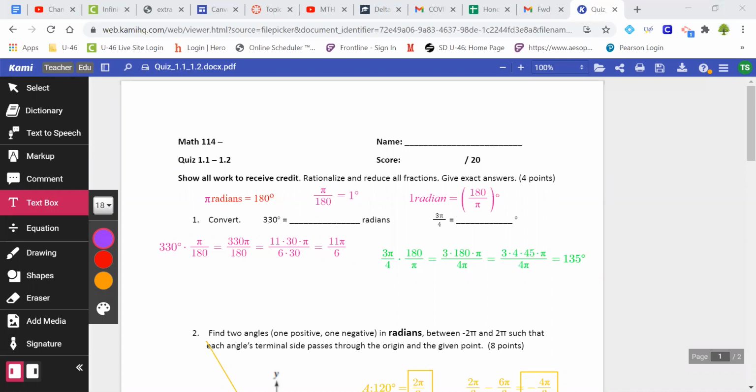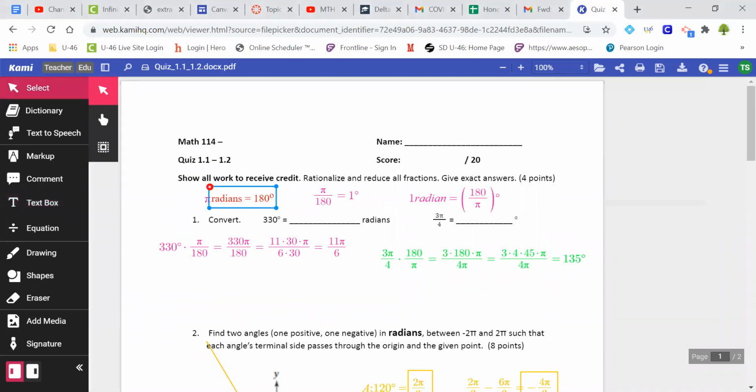So we know that pi radians is the same thing as 180 degrees. Pi doesn't equal 180, but pi radians is 180 degrees. Now, this is an equation. If I divide both sides by 180, then I can see that pi over 180 radians is 1 degree.